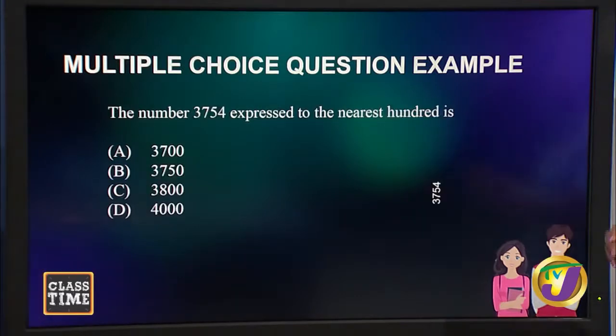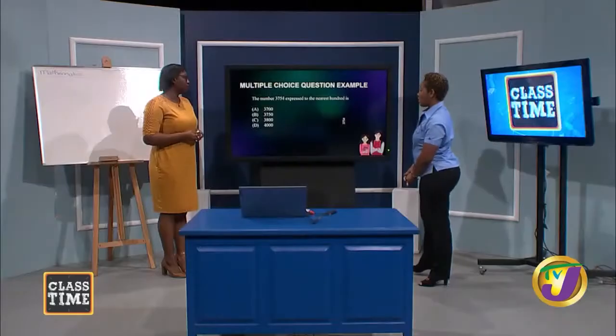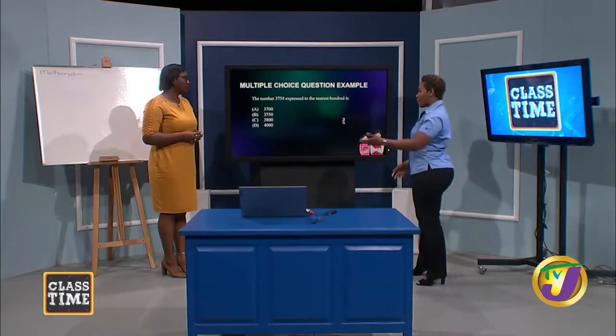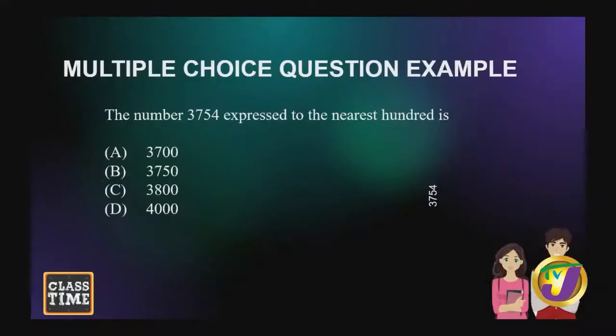All right, we're still rounding. So now we have 3,754 expressed to the nearest 100. I would like to look at the digit in the 100 place, and that would be 7. We are working in base 10, and if you reach 10 in a place, you would regroup it to the place to the left.